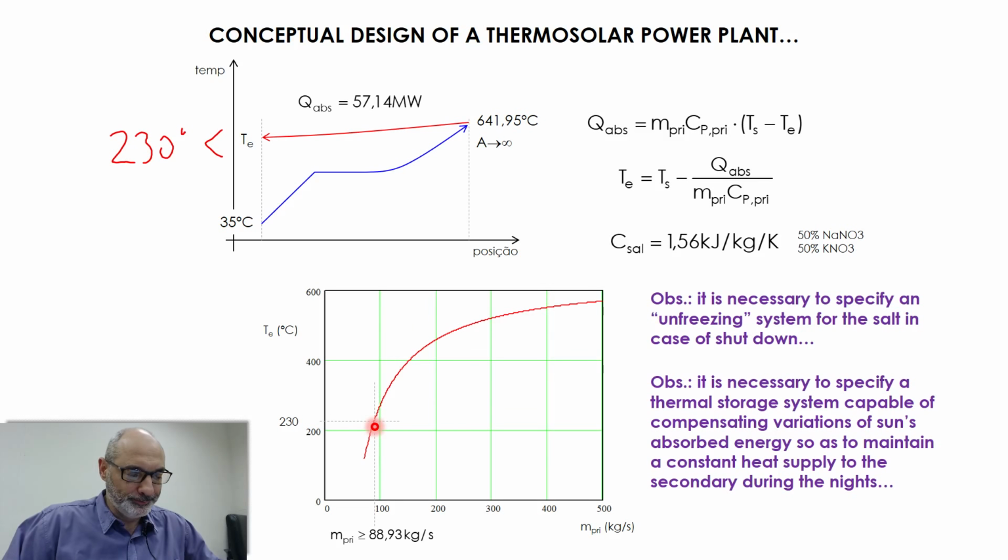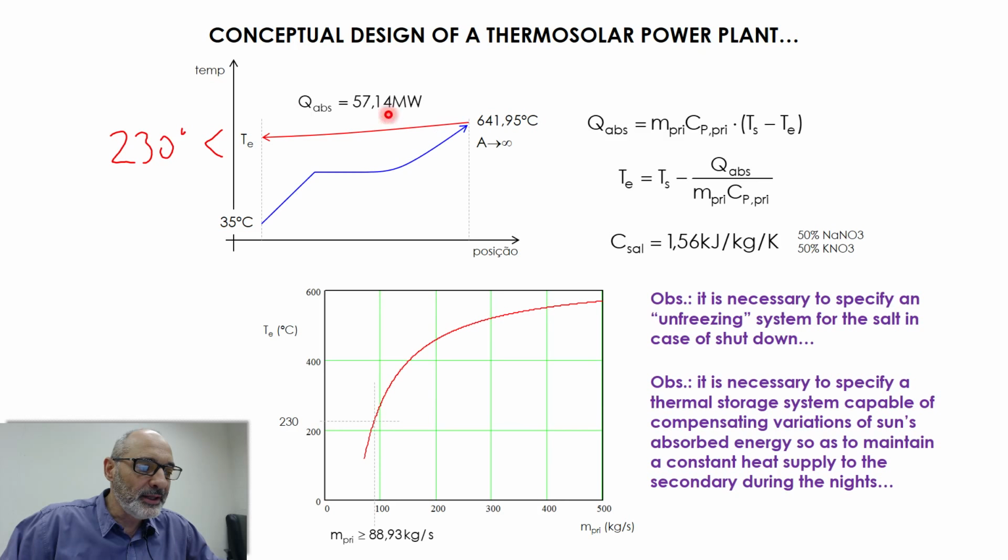I don't know if you observed this, but why am I calculating this number here? Because it needs to be high enough for the temperature to be greater than 230, okay? But I don't want to have a too high, 500 kilograms per second or 1,000 kilograms per second.